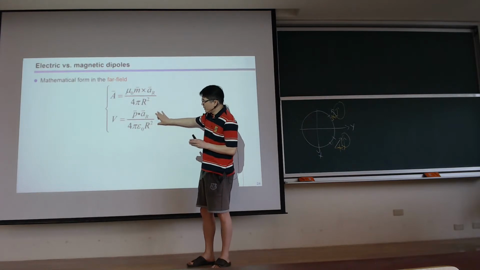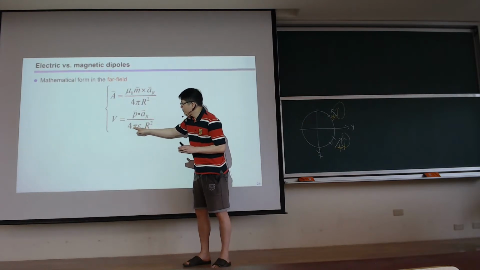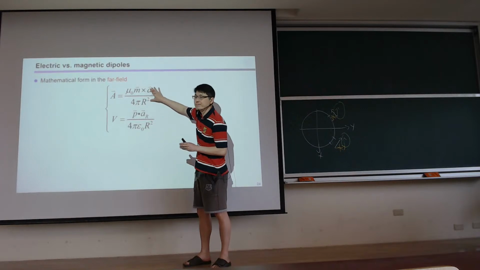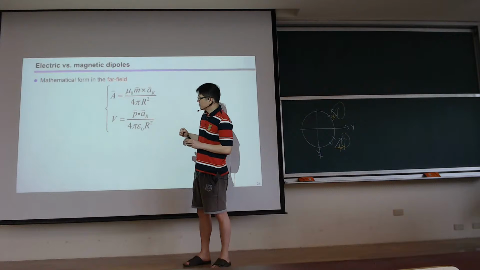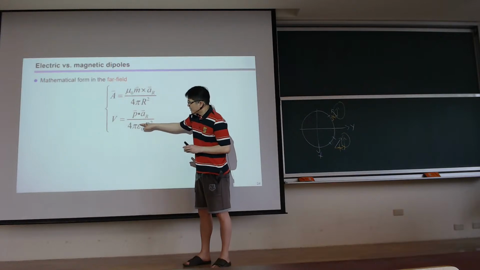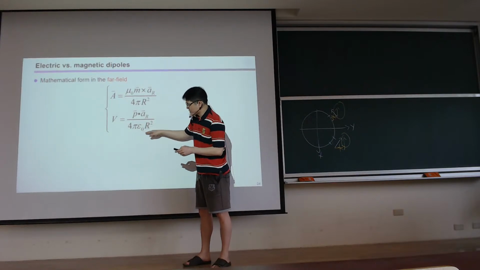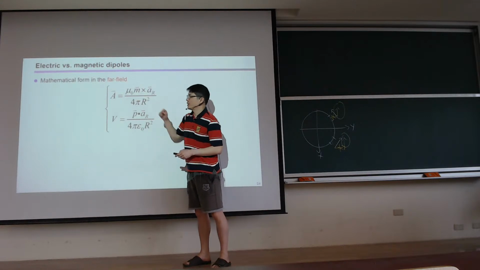For electric dipoles, here I have 4 pi r squared. For the A vector, I also have 4 pi r squared. The only difference is now I have 1 over epsilon 0, and now I have mu 0.